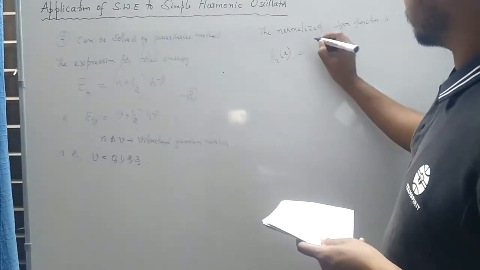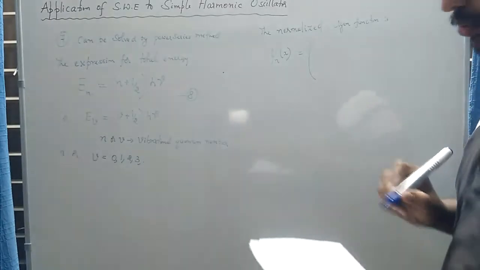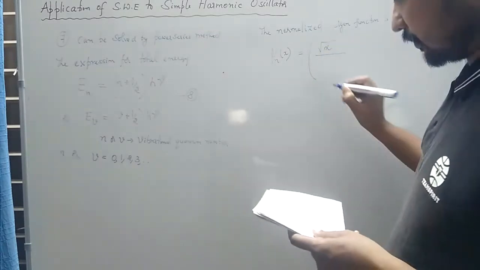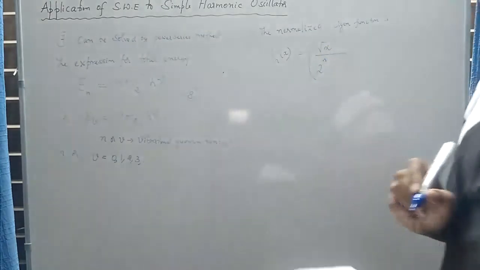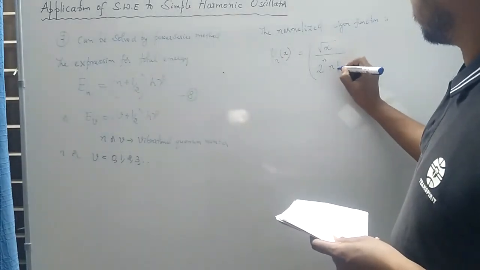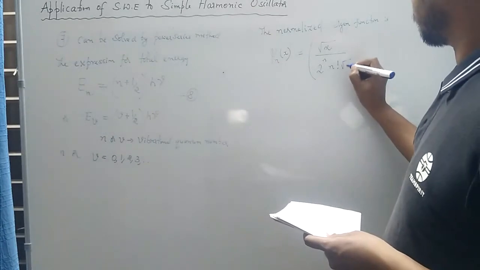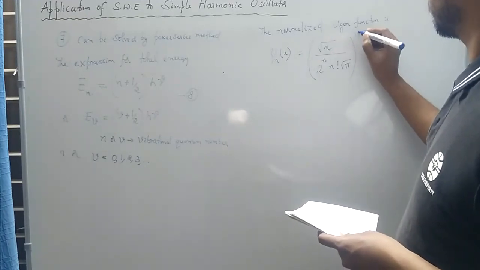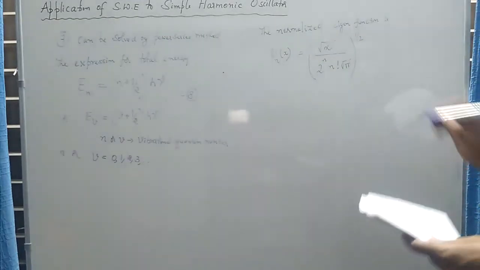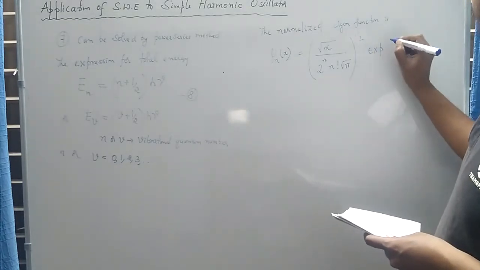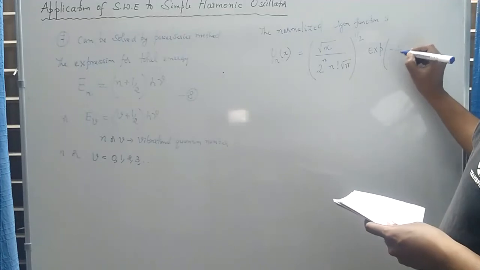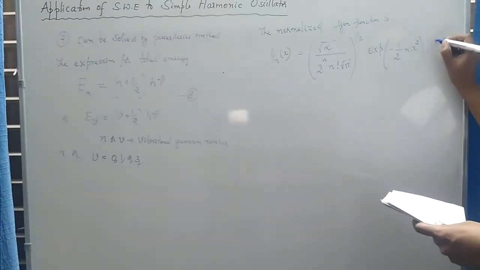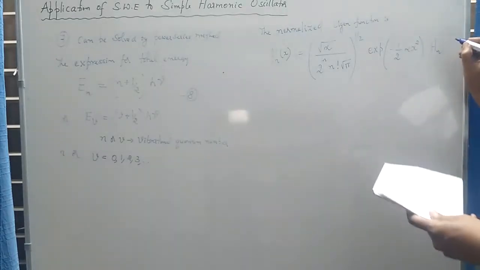It is equal to a somewhat complicated expression which you have to memorize: square root of alpha divided by 2 to the power n, that is the vibrational quantum number, into n factorial into square root of pi, whole to the power half, into e to the power minus half alpha x square, into Hn.